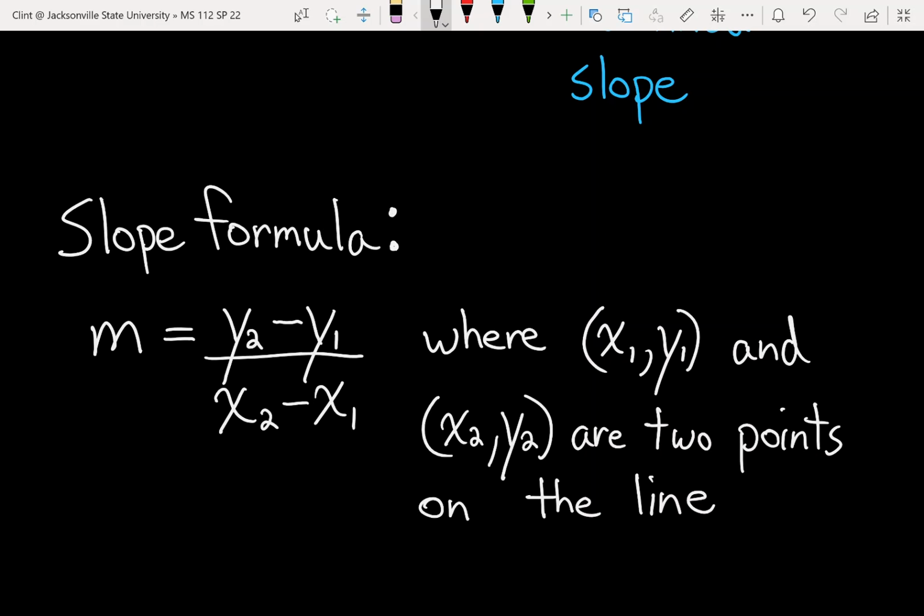If y2 and y1 are the same, that's no big deal, we just get 0 on the top. But if x2 and x1 are the same, we'll get 0 on the bottom, and then we can't divide. We can't divide by 0. So we need to pick 2 different points. And then when we do that, we can take those coordinates and find our slope.